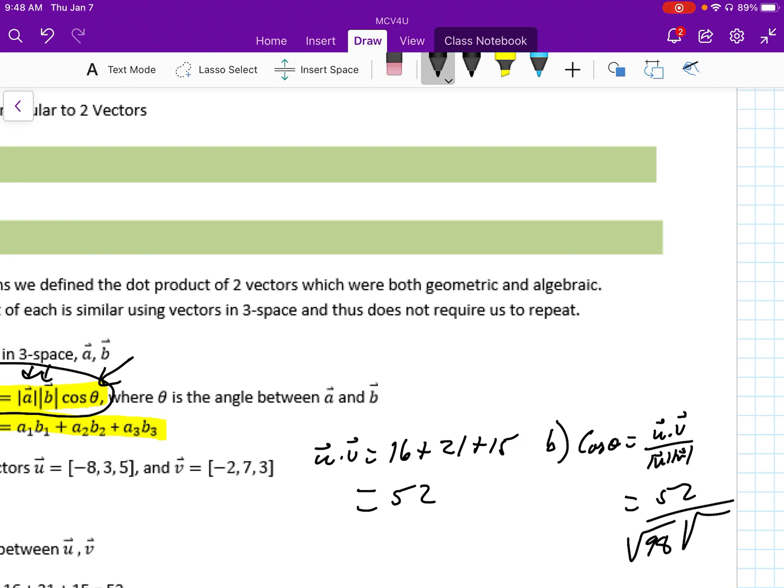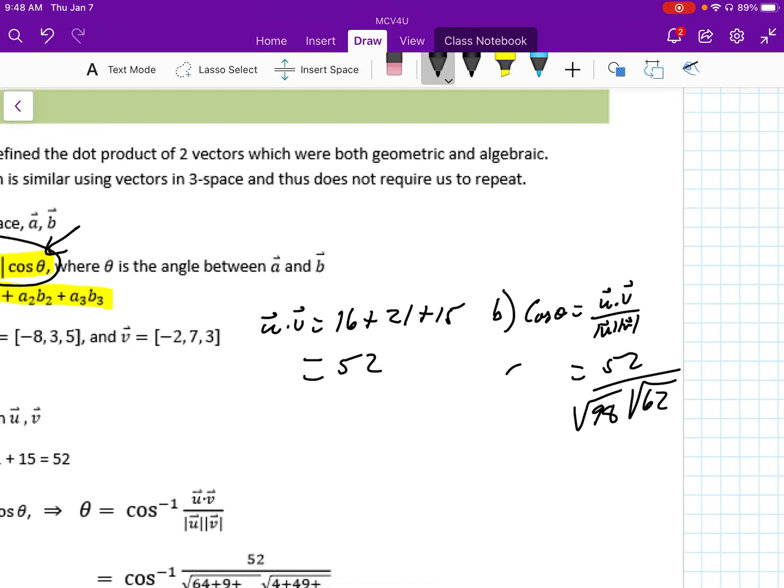And then the magnitude for vector v, 4 plus 49 is 53, and 9 would be 62. So we have the cosine theta, 52 over the square root of 98 times the square root of 62.